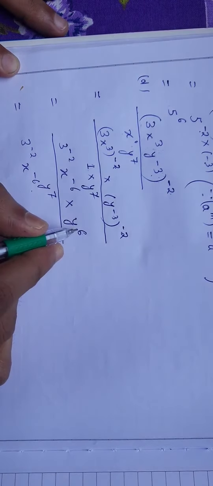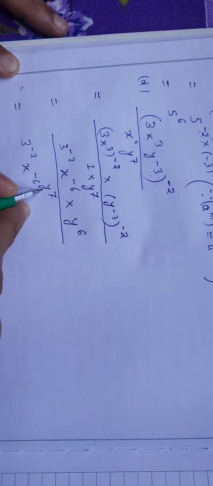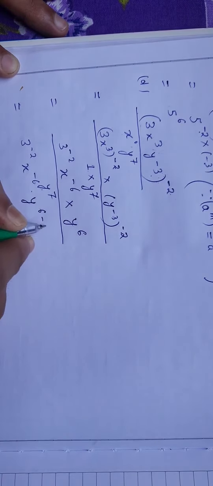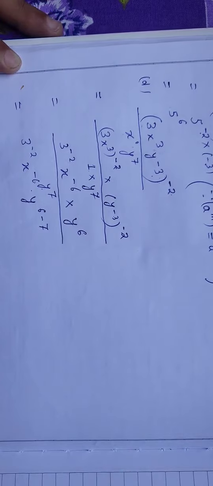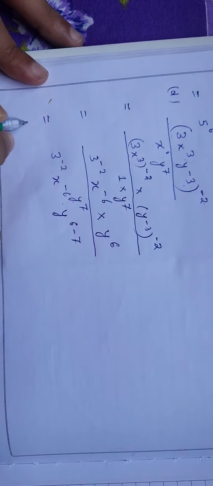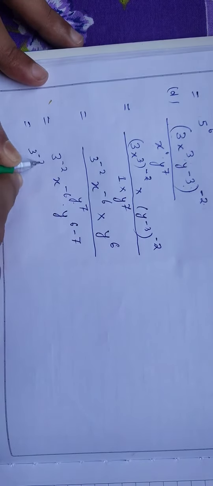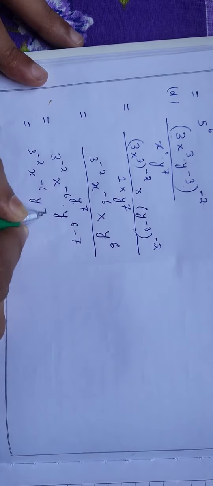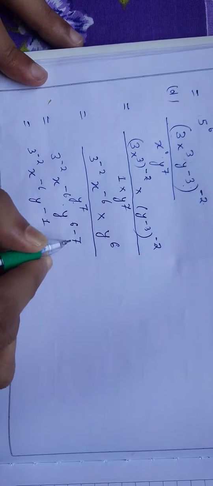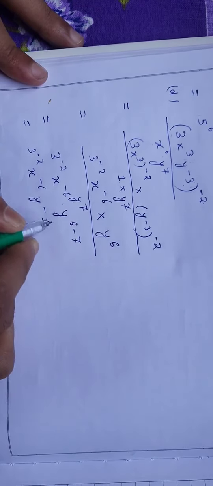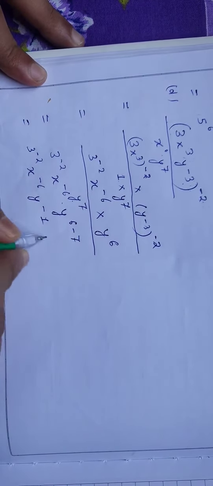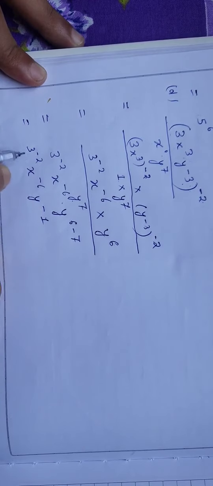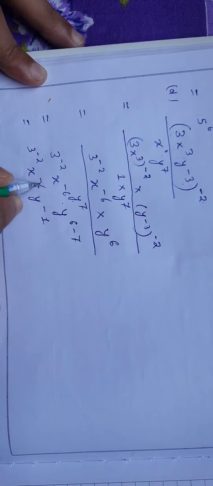This becomes the formula of a to the power m divided by a to the power n, which is a to the power m minus n. It equals 3 to the power minus 2, x to the power minus 6, y to the power minus 1. Since 6 minus 7 is minus 1, this is in the exponential form: 3 to the power minus 2, x to the power minus 6 and y to the power minus 1.